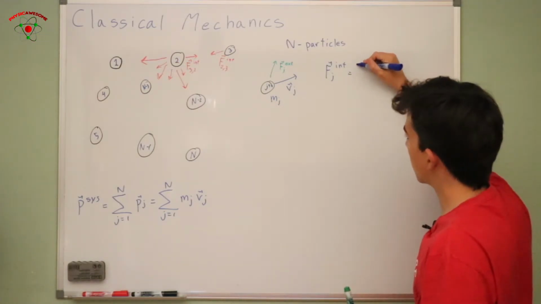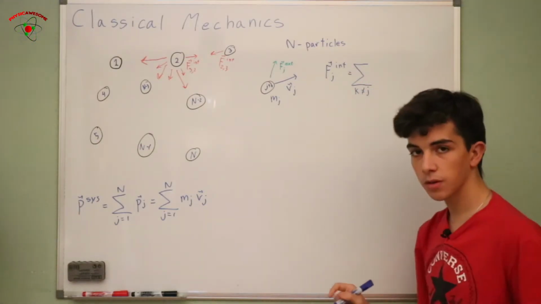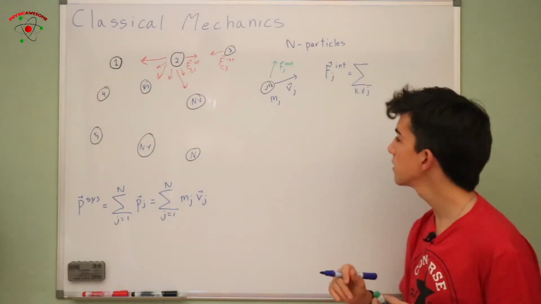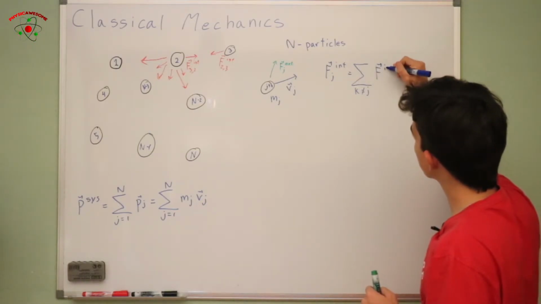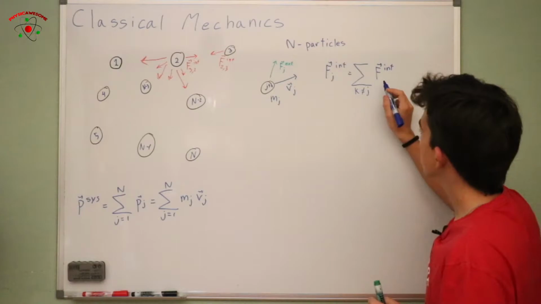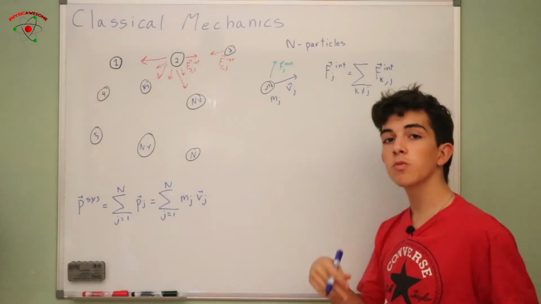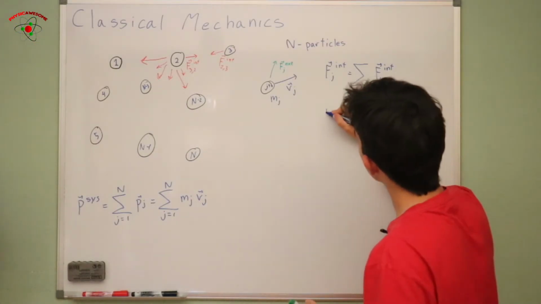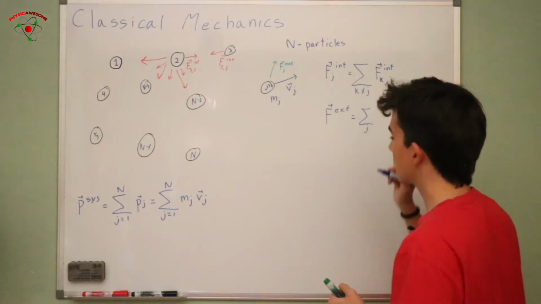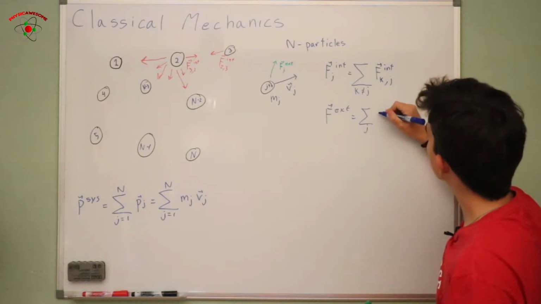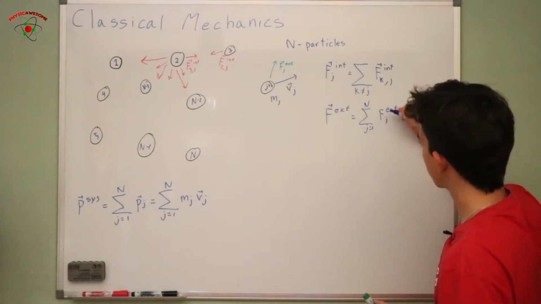So we're going to have the sum over k not equal to j, from 1 to n, we'll omit that for simplicity, of each of these internal forces, and that is the force that k exerts on j. And we'll also define an external force that is simply the sum from j equals 1 to n of F external j.